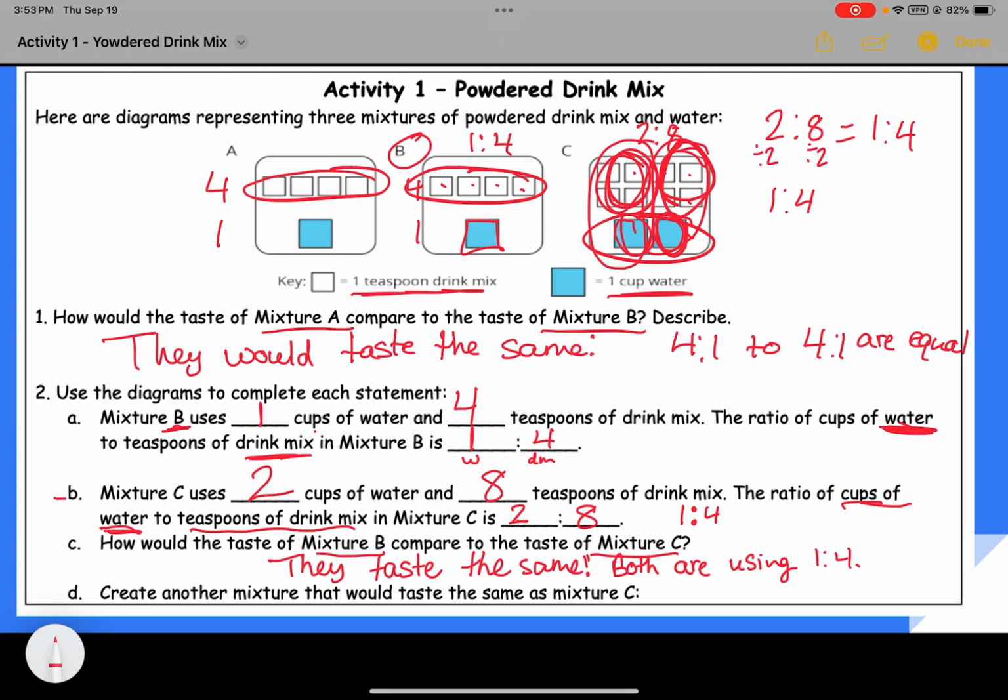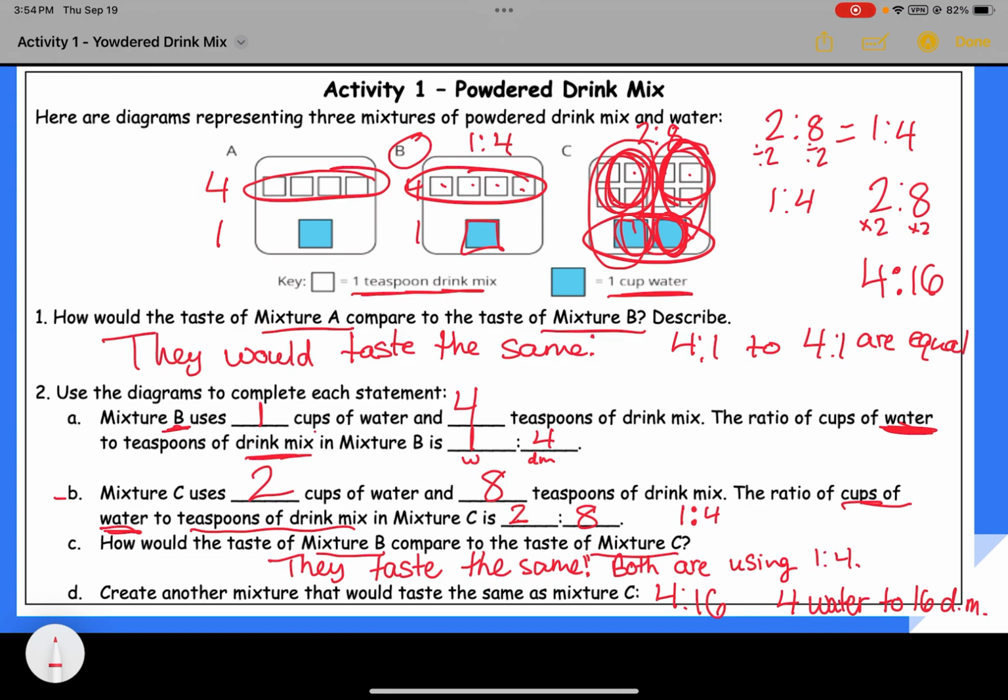D, create another mixture that would taste the same as mixture C. So if I know my ratio is 2 to 8 here, one thing you could do is multiply each by 2. So 2 times 2 is 4, 8 times 2 is 16. So I could say I would put 4 water to 16 drink mix, and I'm going to say DM.